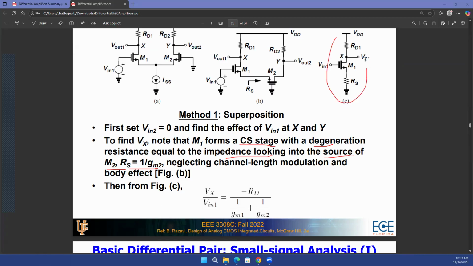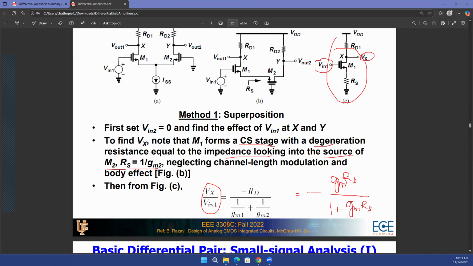Now from this figure C, you can find out what is going to be your Vx divided by the input voltage. And I think you already learned about this in the past, that this is going to be minus gm RD divided by 1 plus gm Rs.